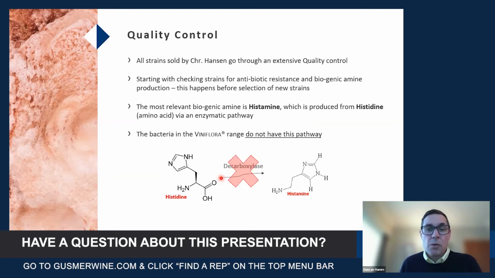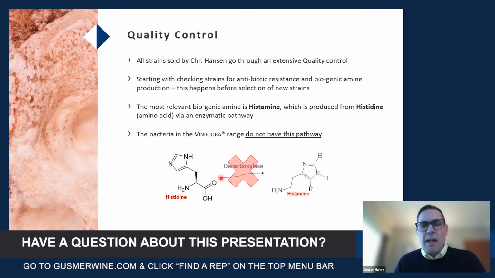So we make sure that all the strains we commercialize do not have antibiotic resistance. The second biggest area that we screen for is the production of biogenic amines. So before we commercialize any strain, or before we even make a shortlist, this is screened for.